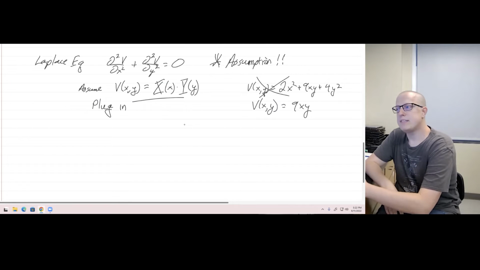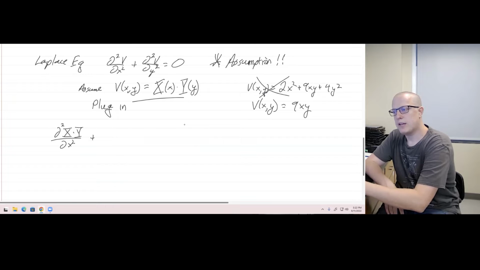So when I plug this in, I now have the second partial derivative of X times Y with respect to x, plus the second partial derivative of X times Y with respect to y.